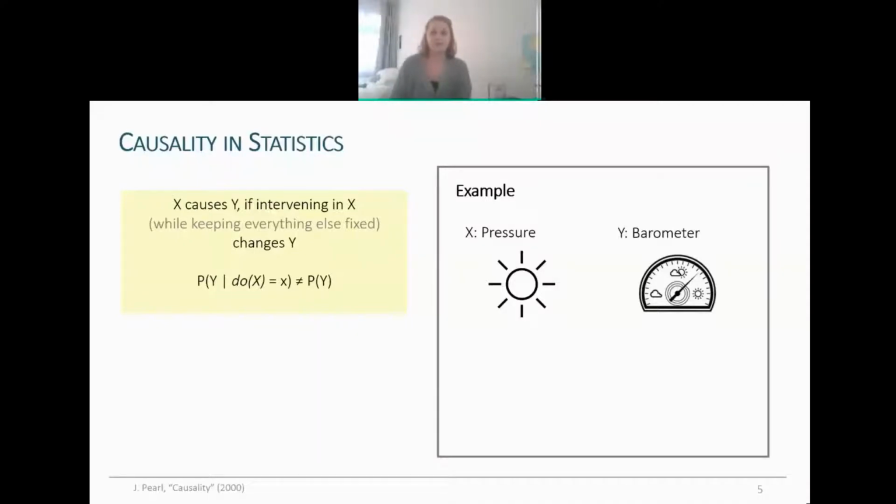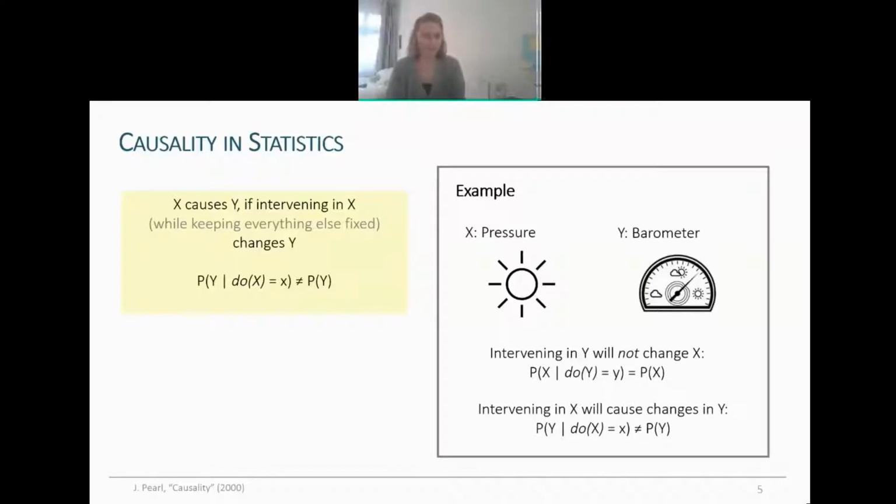If I intervene in Y, for example by putting my hand on the needle of the barometer and moving it around, this will not cause any changes in X. So I can do Y, and this will not change the outcome of X. On the other hand, if, while doing some geoengineering, we change the pressure at the location, or if we change something with the sun, if this was possible, this will of course cause changes in Y. So in this case, X does cause Y, and we can again express this with this operation.